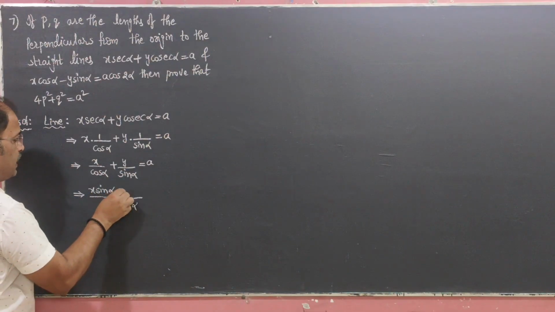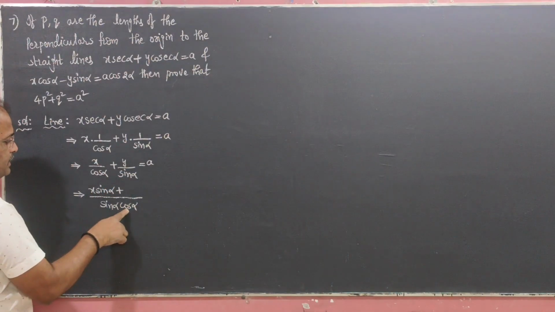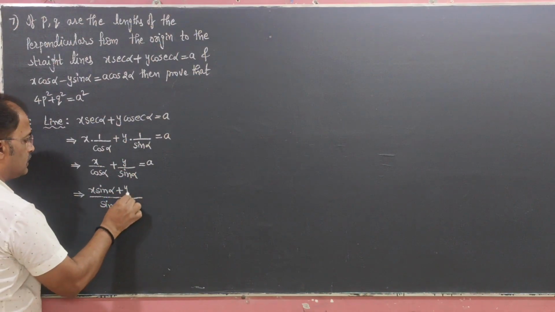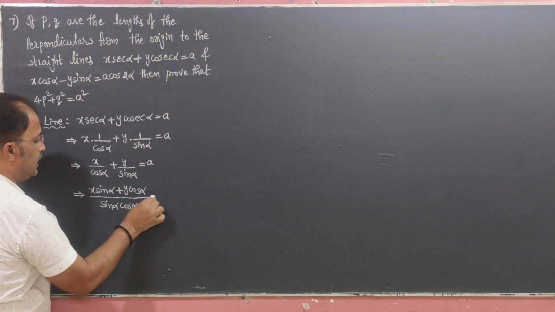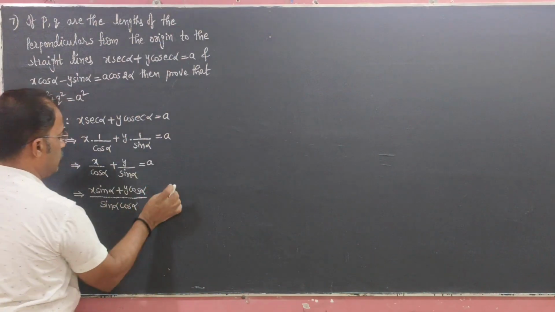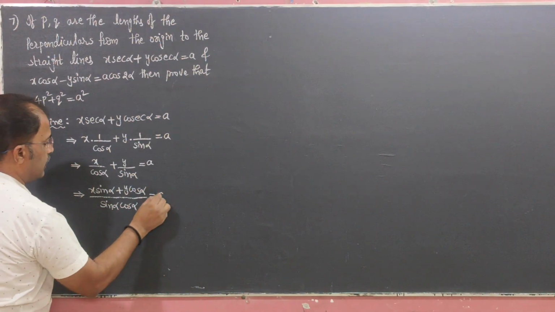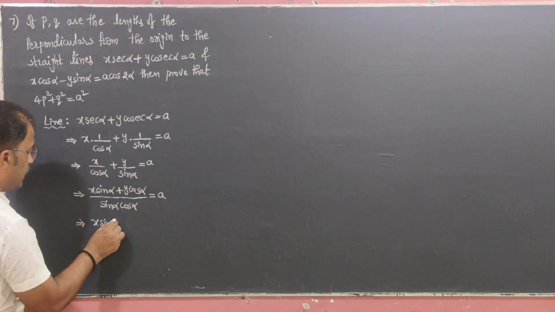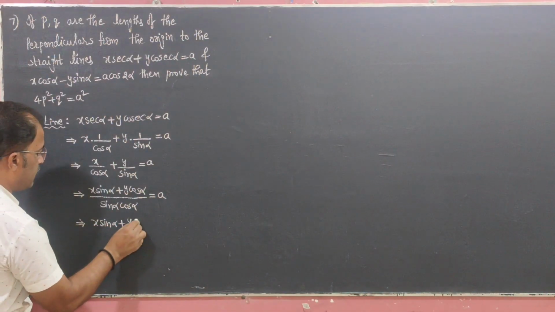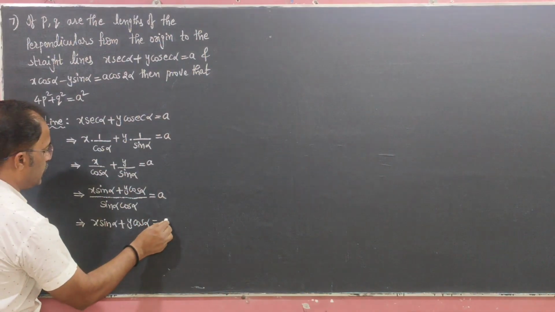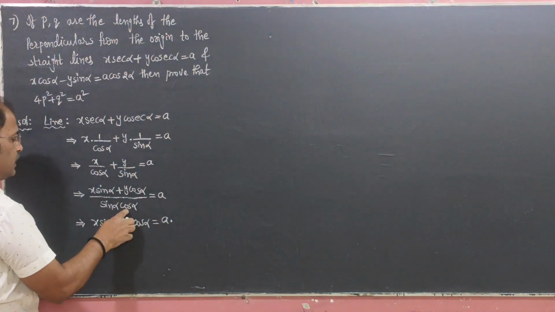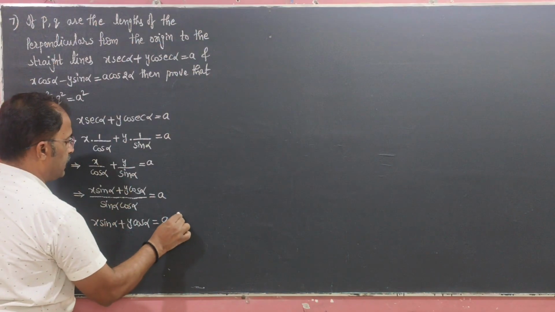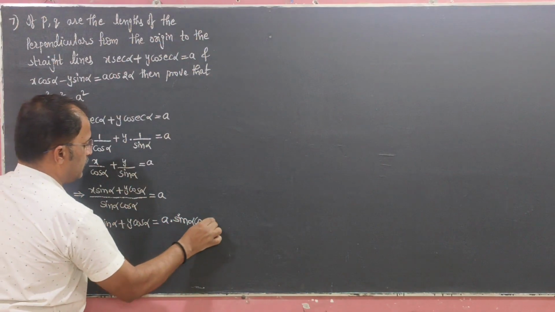Plus, sin alpha is the same, missing is cos alpha, so the numerator is y cos alpha, equals a. Then by cross multiplication, x sin alpha plus y cos alpha equals a into sin alpha cos alpha, since divide becomes multiply.